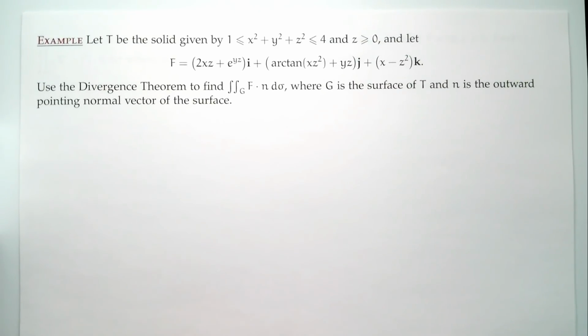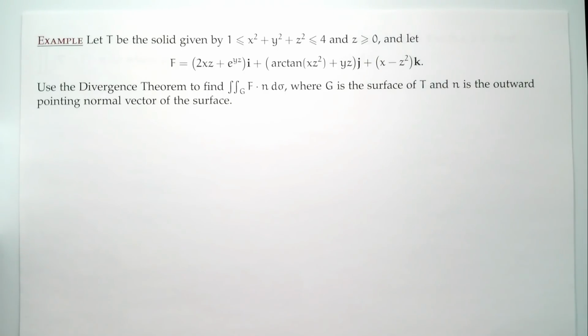So let T be the solid given by 1 less than or equal to x squared plus y squared plus z squared less than or equal to 4, and z is greater than or equal to 0. Find F, and here's F. F is (2xz plus e to the y z) i plus (arctangent of (xz squared plus y z)) j plus (x minus z squared) k. Use the divergence theorem to find the integral of F dot n d sigma.